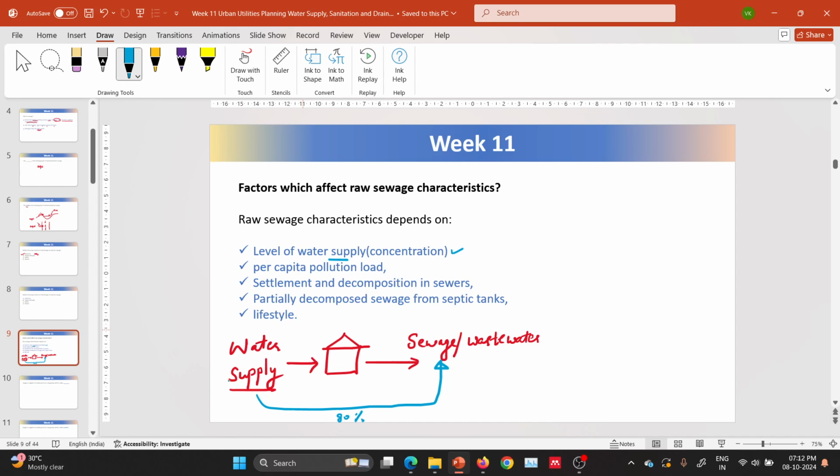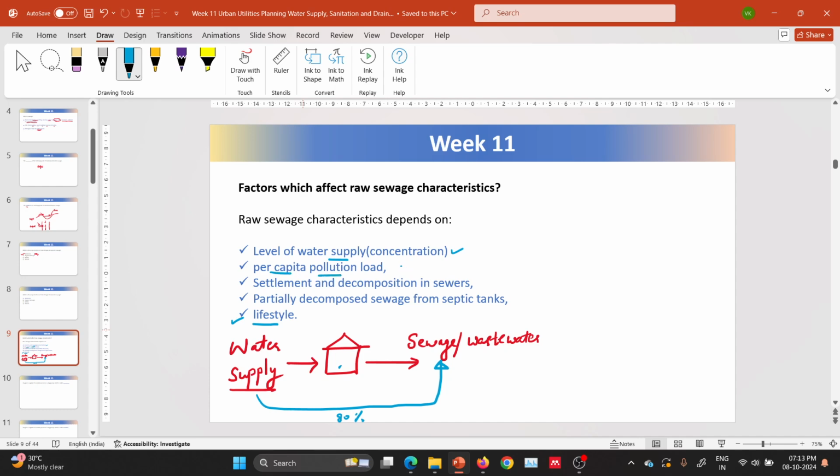If the water is potable or can be used, then more wastewater can be generated, and it depends on the lifestyle of the people residing in the community. It also depends on how many people are living in a home, and on the per capita pollution load.